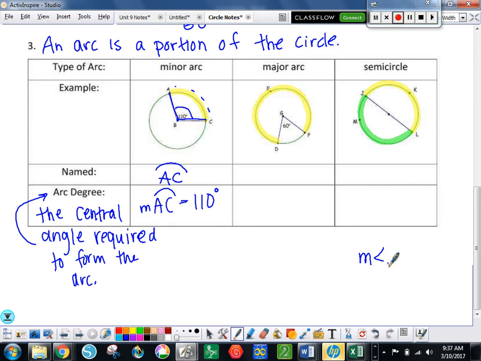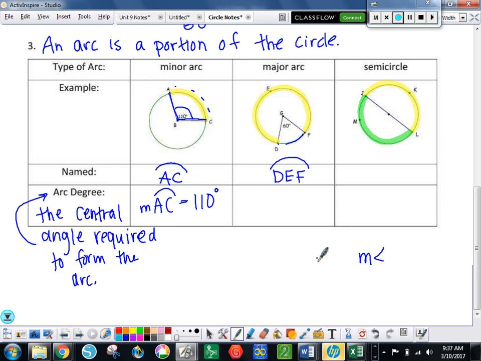If I'm talking about the major arc, it's going around the circle. I would name that arc. Now I can't call it DF because if I called it DF, it would go straight from D to F. So what's another way I can name it? DEF. So I need to put another point in there, so I know to go around the circle.